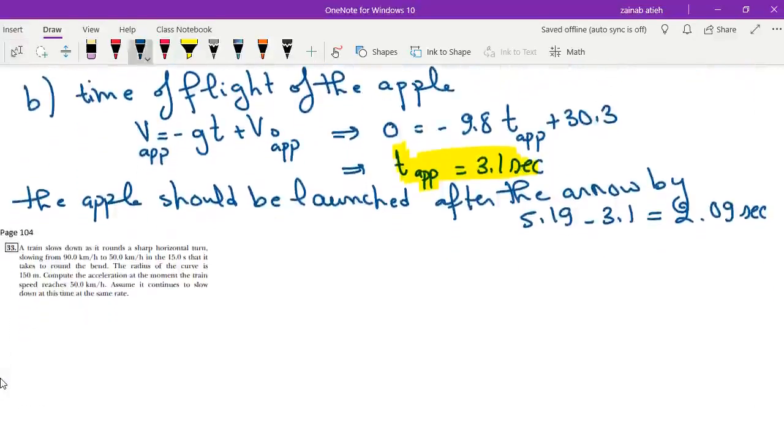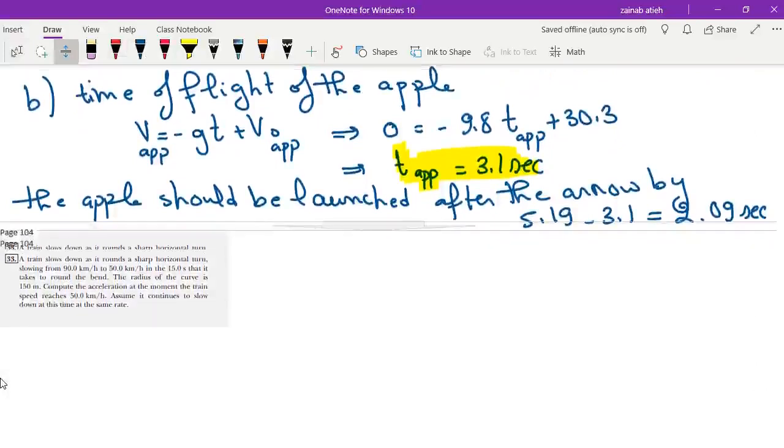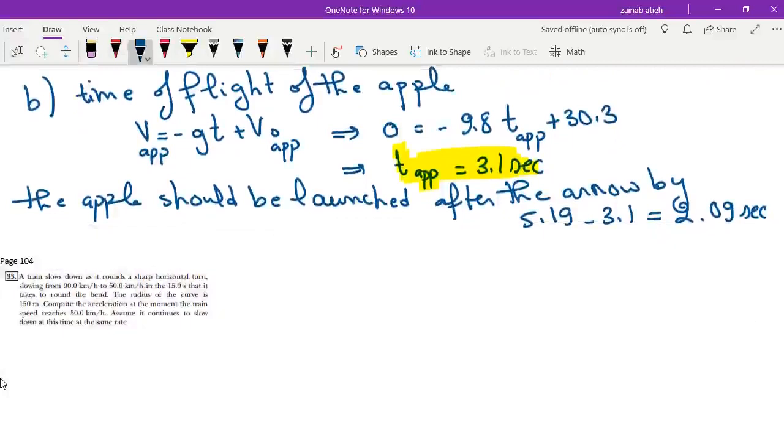Now can we move now to problem 33, page 104. A train slows down as it rounds a sharp horizontal turn, slowing from 90 kilometers per hour to 40 kilometers per hour in 15 seconds, the time it takes to round the bend.